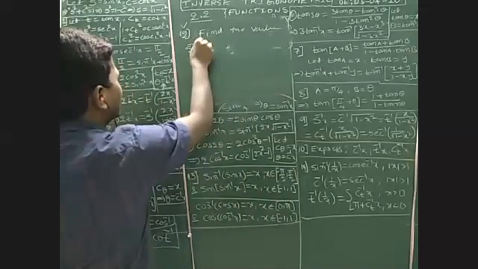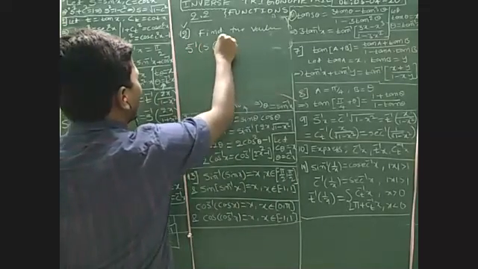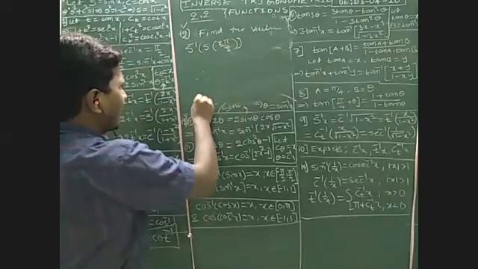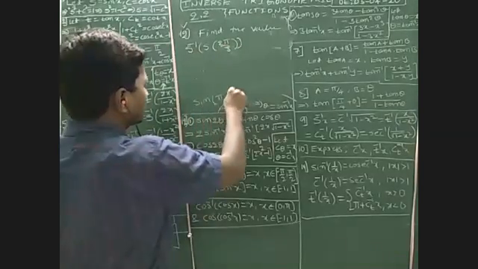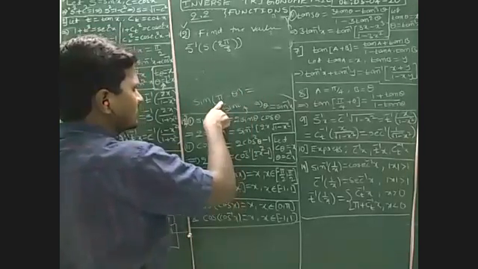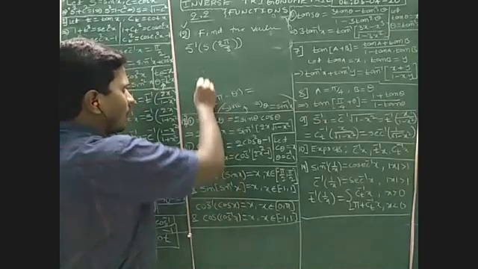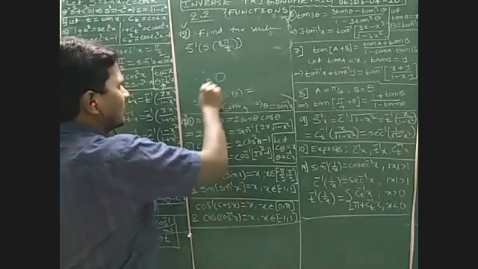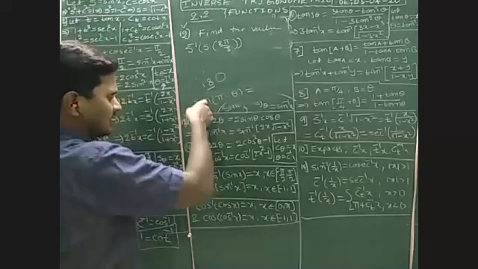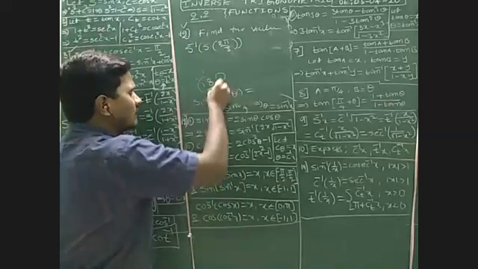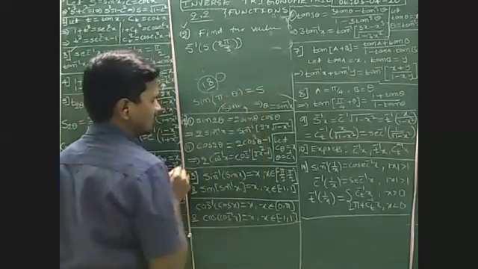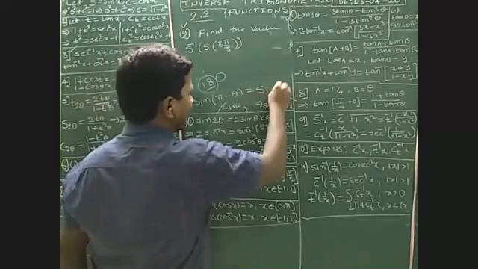The given question is sin inverse of sin 2 pi by 3, so what is sin of 180 minus theta? In the second quadrant sin is positive. Look here, 18 is an even number. Try to remember like this: in 180, 18 will be there. 18 is an even number, so sin becomes sin, and this is sin theta.